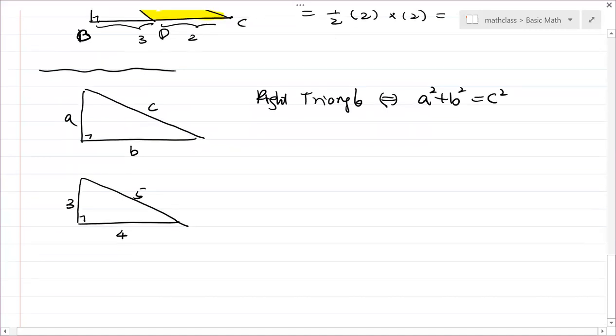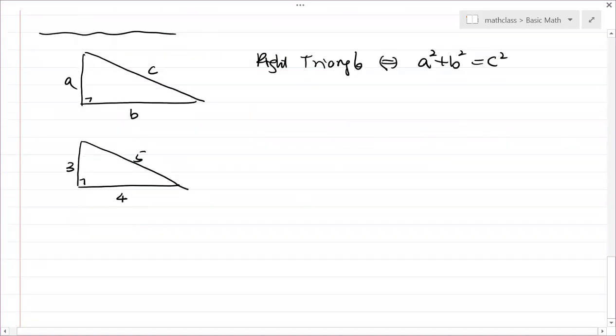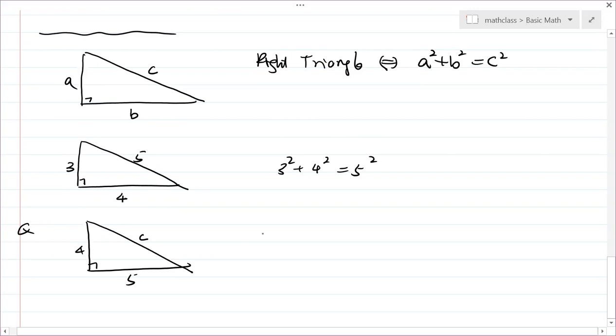But this is not always true like that. If you have 4 and 5, what is the other side? It cannot be 6. So you have to use the above formula if it's a right triangle. Here, 3 squared plus 4 squared equals 5 squared. So the question is, what is C?